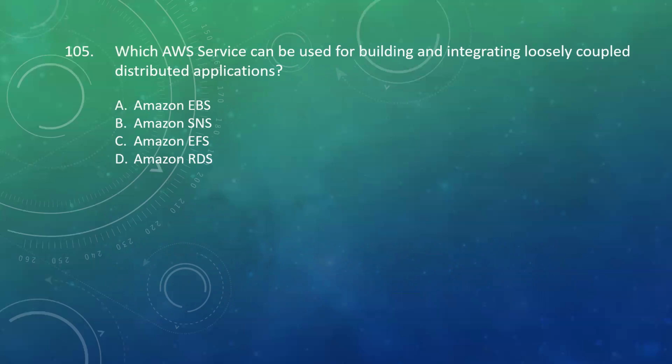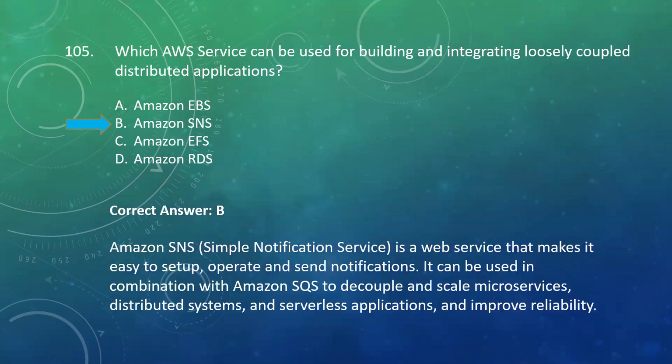Let's understand what loosely coupled application is. Loosely coupled application means breaking an application into multiple independent services. Whenever there is an issue in one service, it doesn't impact the other service. So in this case, the right answer is option B, Amazon SNS.